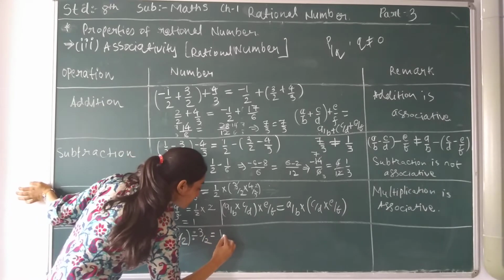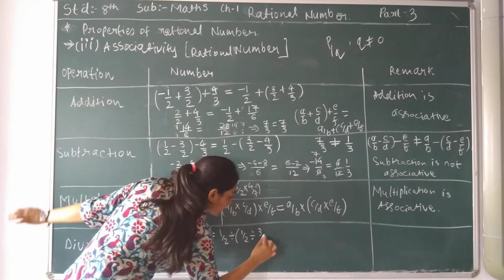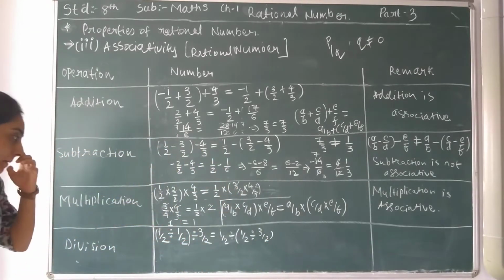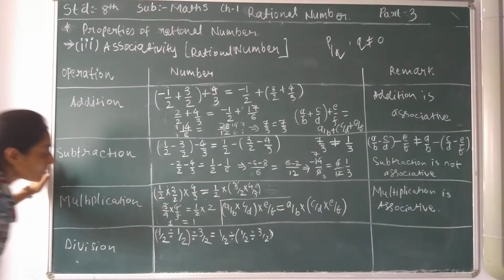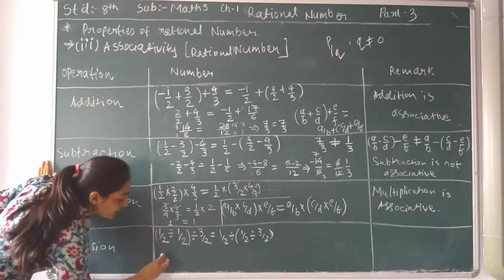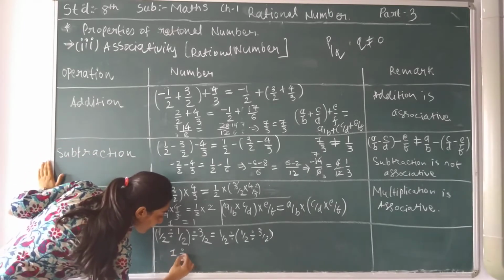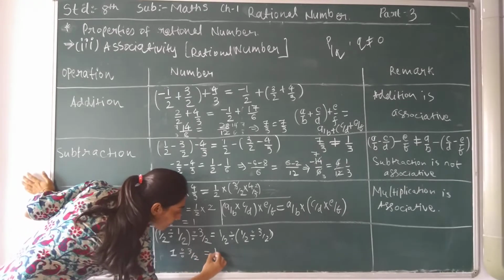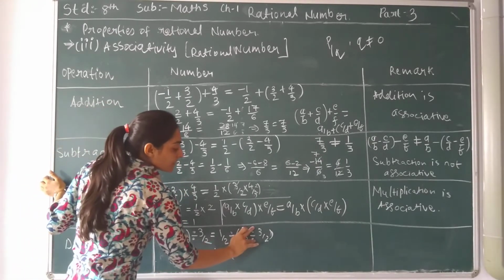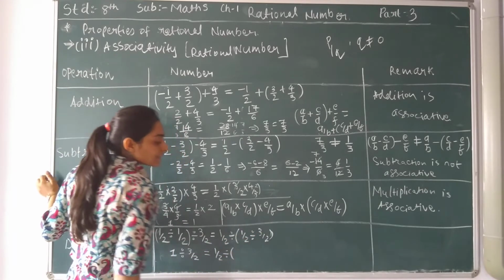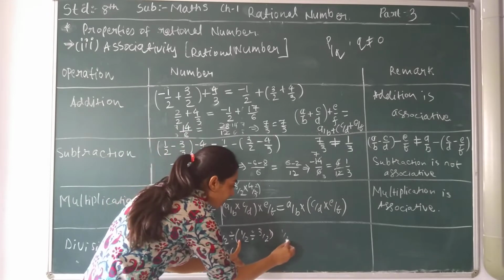Interchange the bracket: 1/2 divided by 1/2 divided by 3/2. So 1/2 we interchange. What we are left with over here is 1. Now 3 divided by 1/2. Now if you interchange its place, 2 gets cancelled. So now simply it's 1/2.